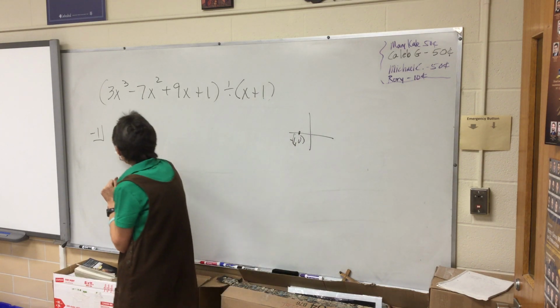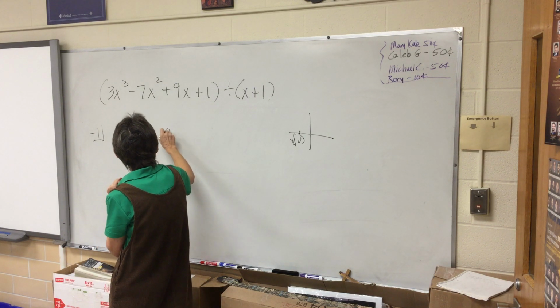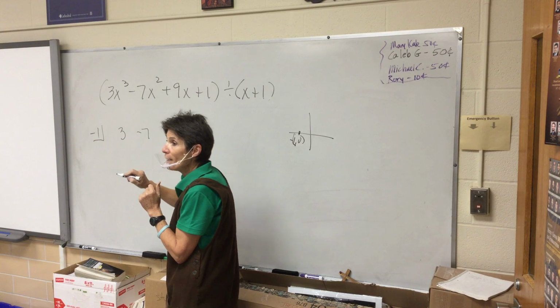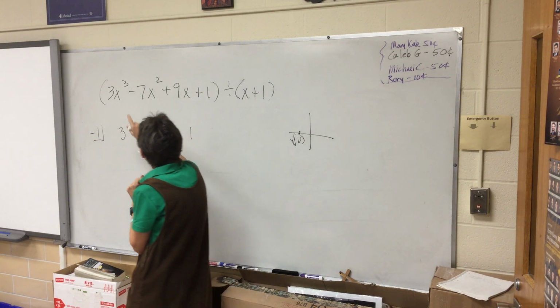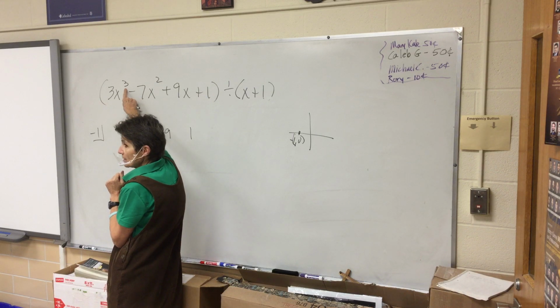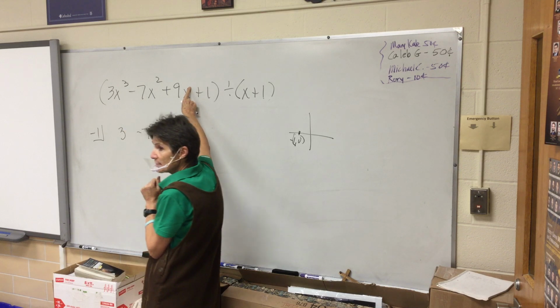Now, the numbers in the problem, we just have to be careful when we write these down that no powers are missing. Well, there's 3, 2, 1. Is anything missing?